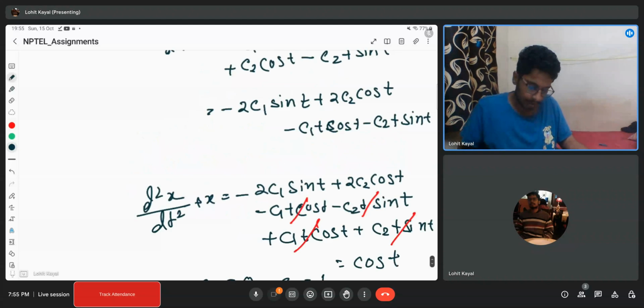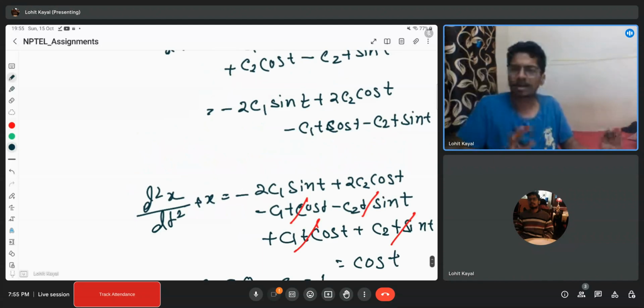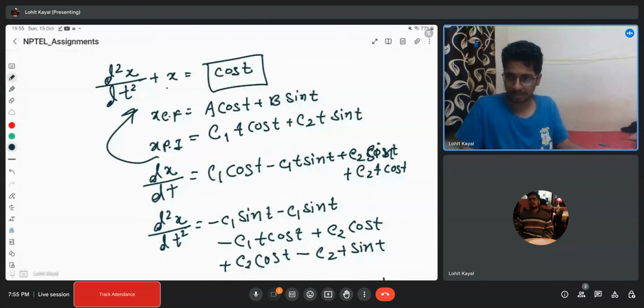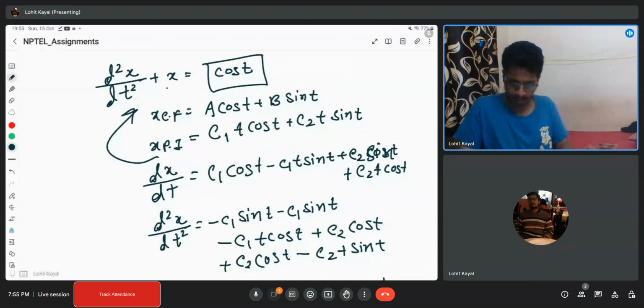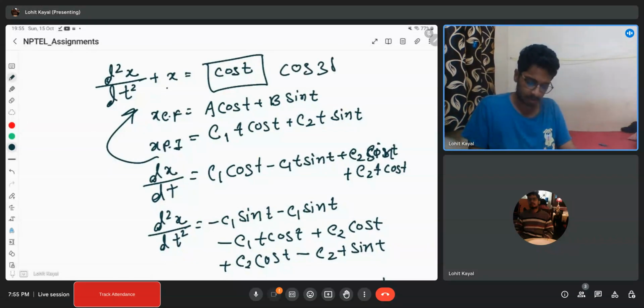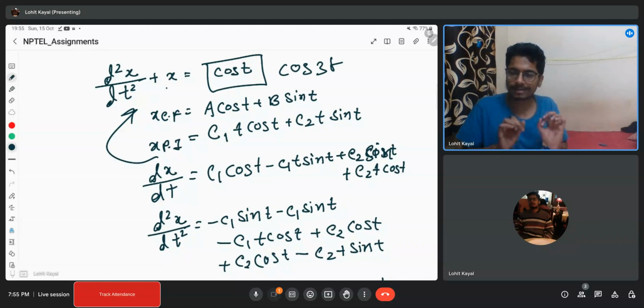Now on the right hand side, it could be anything other than cos t or sin t. It may be cos 2t, sin 2t, cos 3t, sin 3t, anything. Suppose we consider the case of cos 3t on the right hand side.